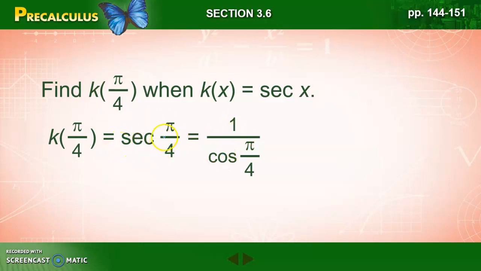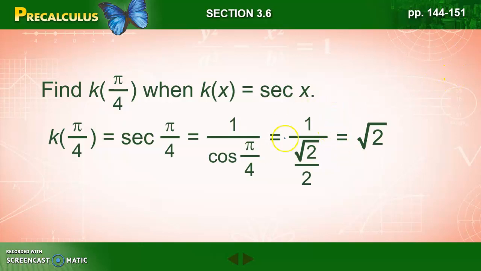So secant of pi over 4 is the same as 1 over the cosine of pi over 4. And then using our knowledge of the unit circle, which we are experts at now, we get 1 over root 2 over 2. We need to get that out of the denominator. And when we do, we simplify that and we get just root 2.